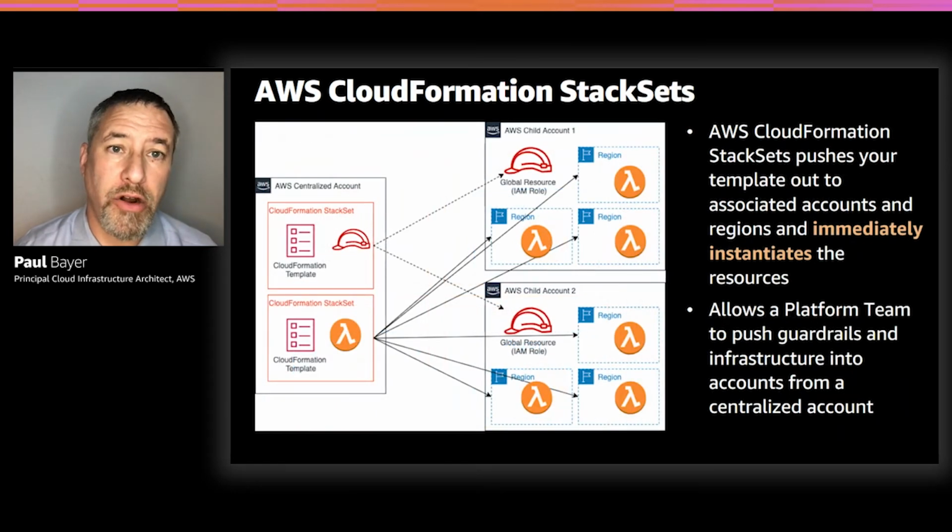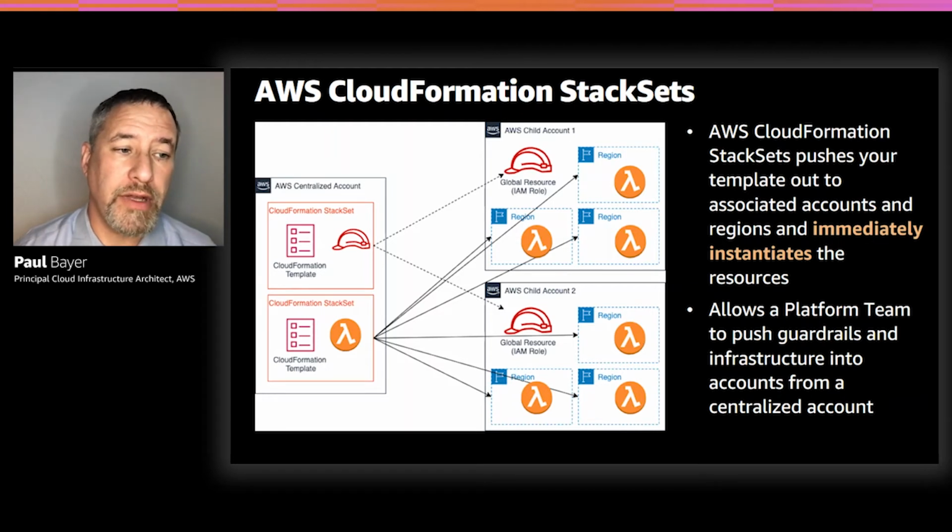Stack sets are a collection of these templates and a collection of accounts and regions where this template would be applied. So in the diagram I have showing here, we have a CloudFormation stack set that creates global resources like an IAM role, and that might be applied to multiple accounts, although since it's global, only one region.